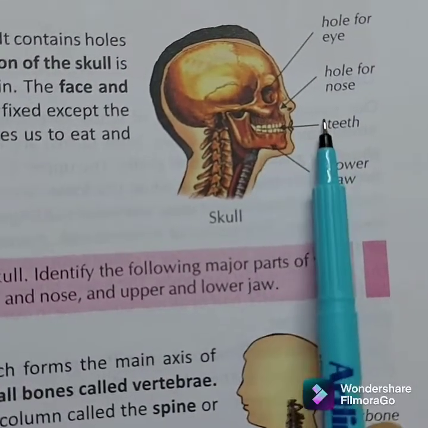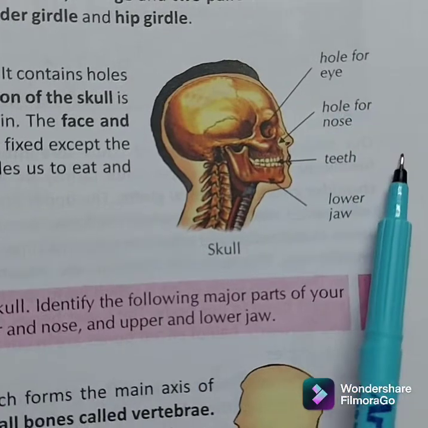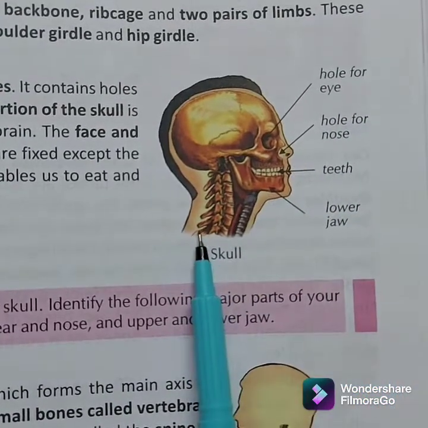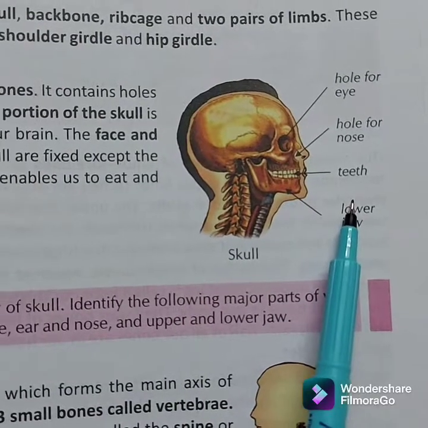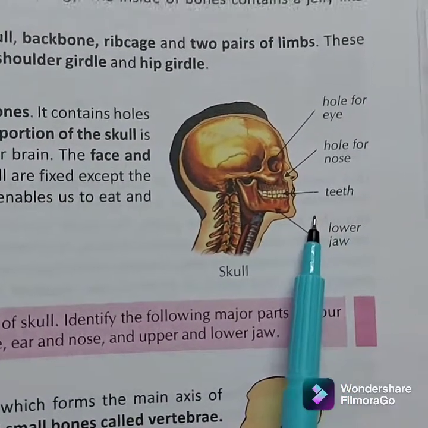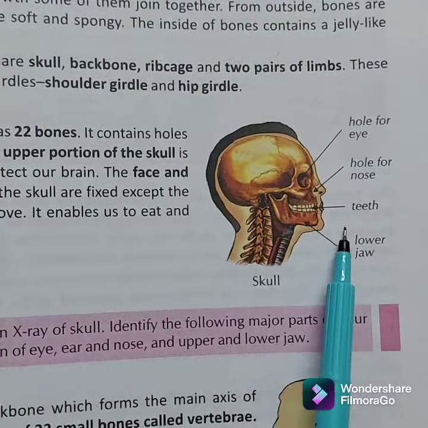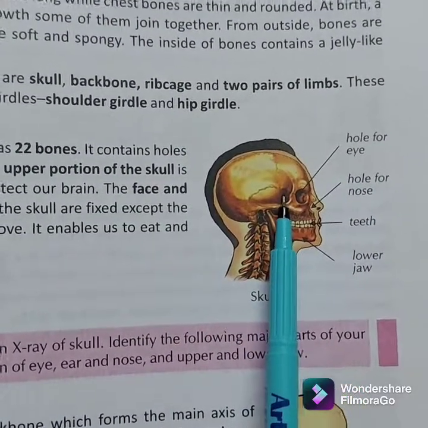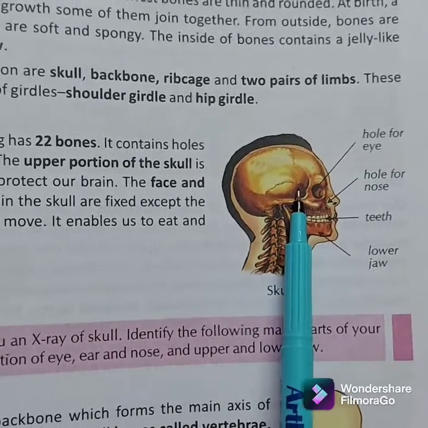These sockets or holes are meant for eyes, nose, teeth, correct? In this human skull, only the lower jaw part is movable. Everything else is fixed.